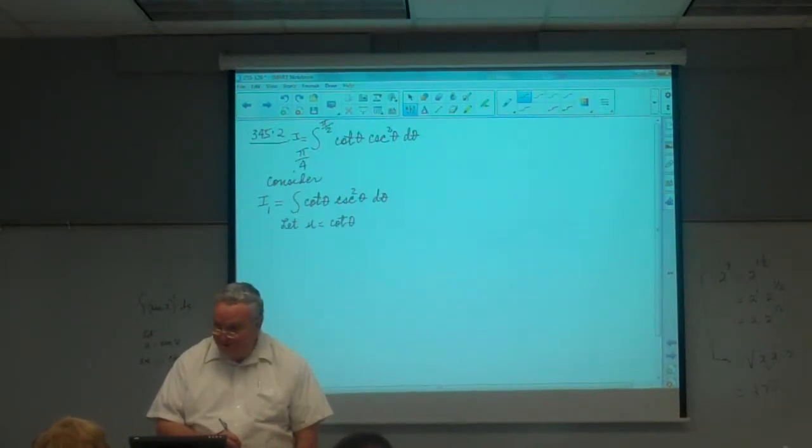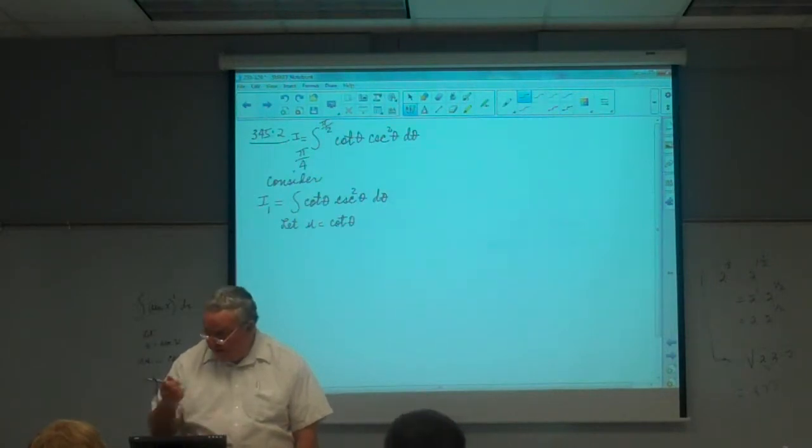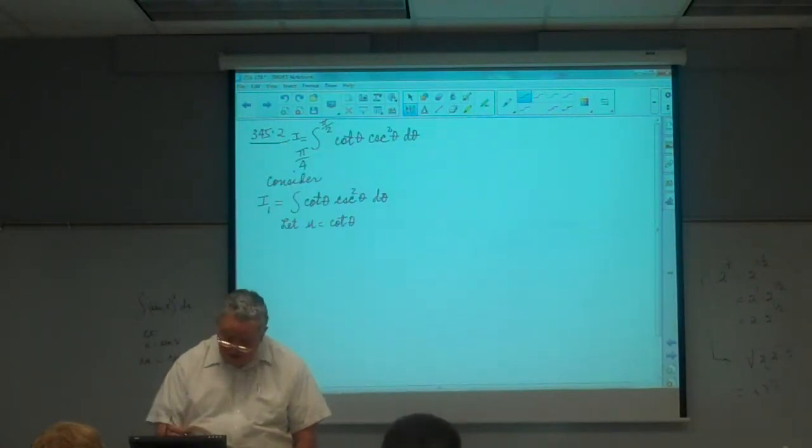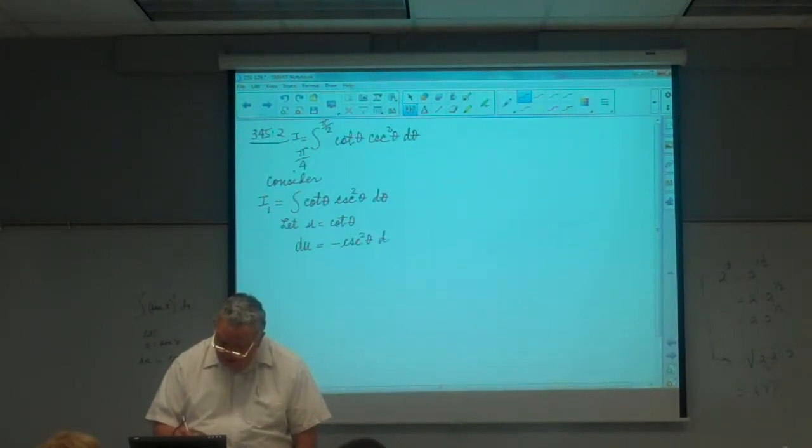If nothing else works, try something and hope you get lucky. Well, you're not getting lucky, because Daniel knew to look on his card, right? That's not luck. Okay? Then du, according to Daniel's card, is minus cosecant squared theta d theta.